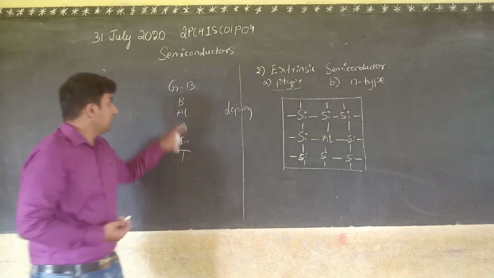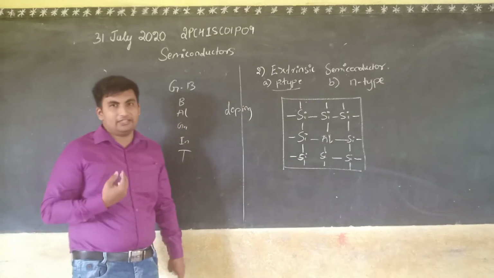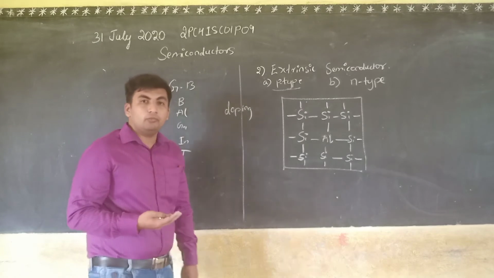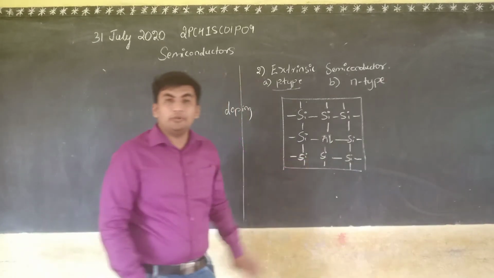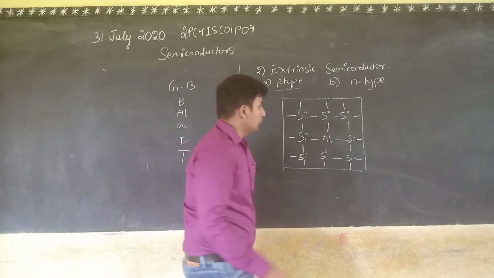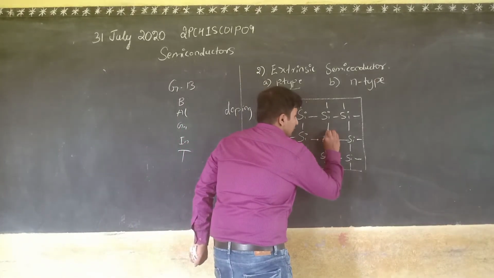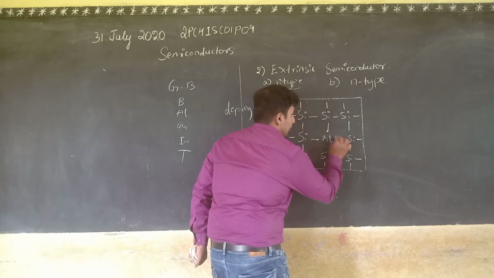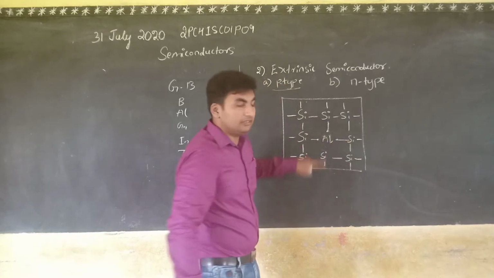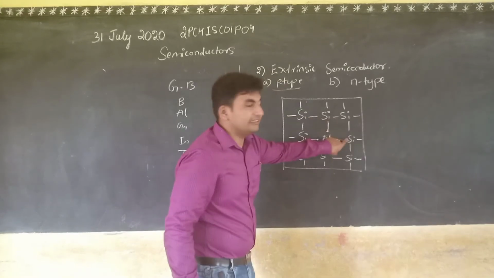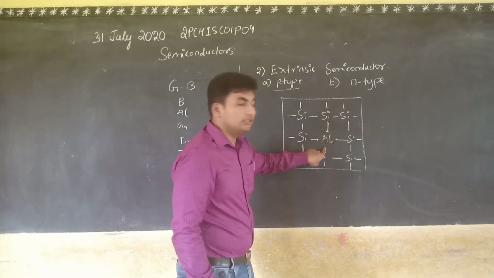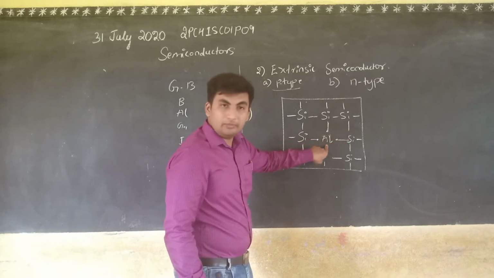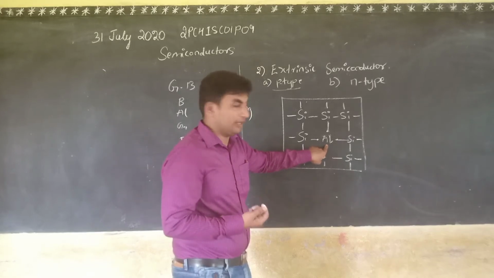Aluminium is trivalent, so in the outermost electron shell there are only 3 electrons. Those 3 electrons are shared with the neighboring silicon atoms to form covalent bonds. But one more electron is not there.